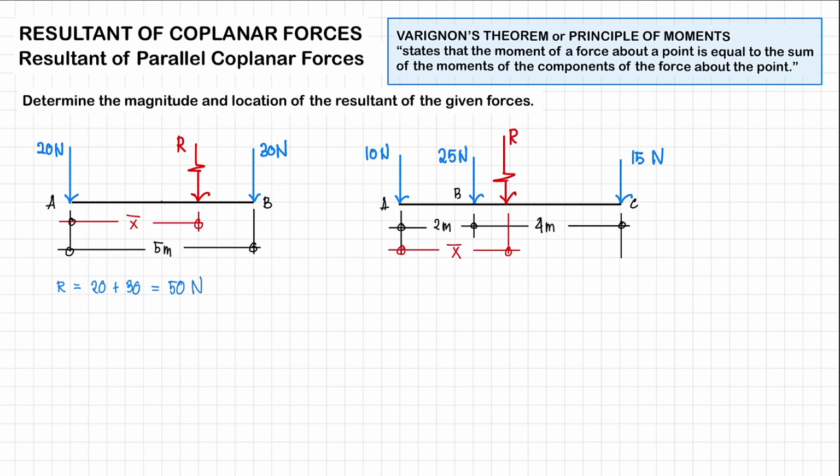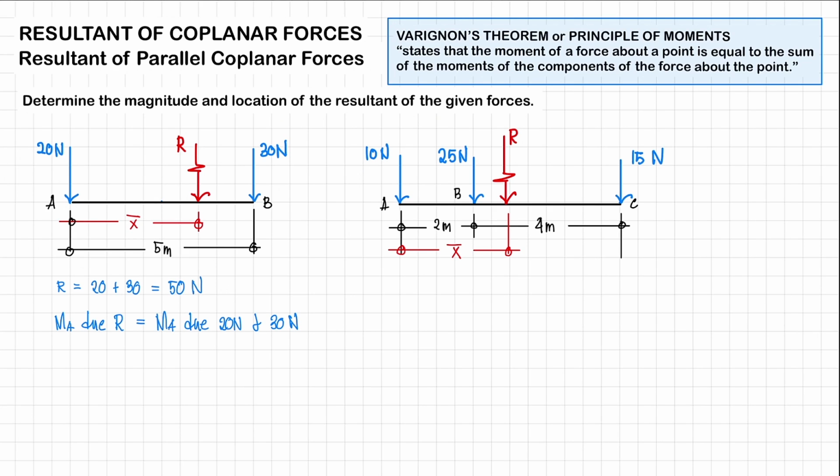Basically, the moment at A due to R is equal to the moment at A due to your 20 newton force and 30 newton force.